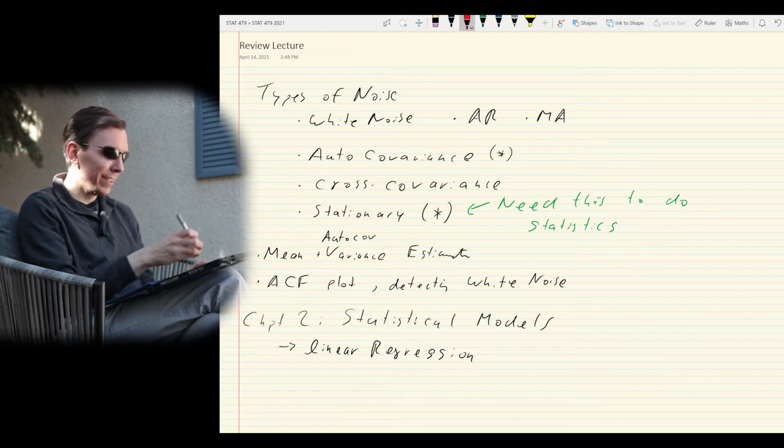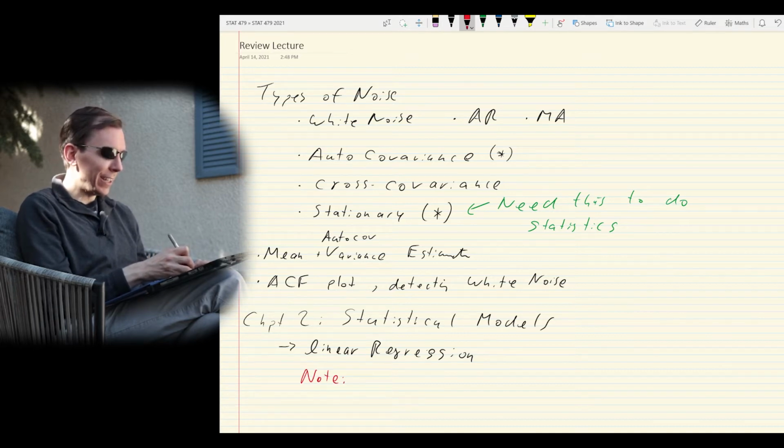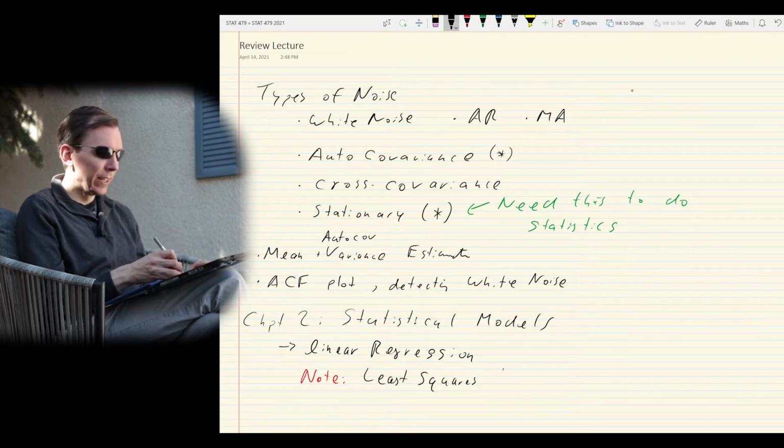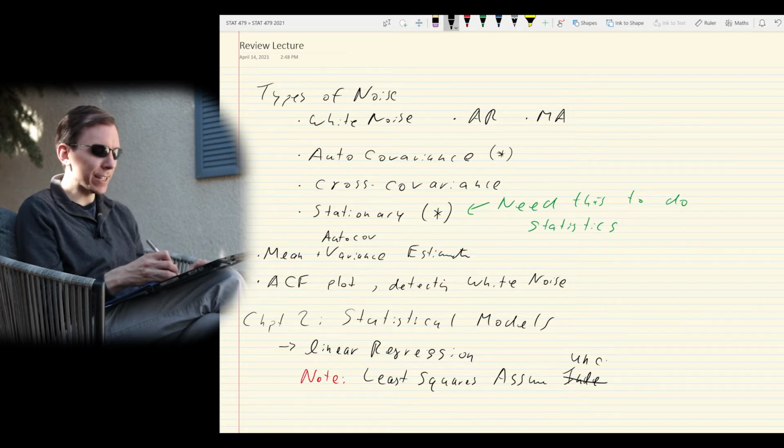So the big note here is that least squares assumes independent, I guess uncorrelated, let's be precise, uncorrelated observations.